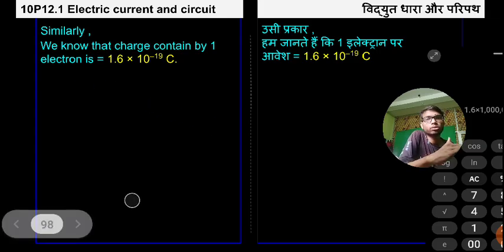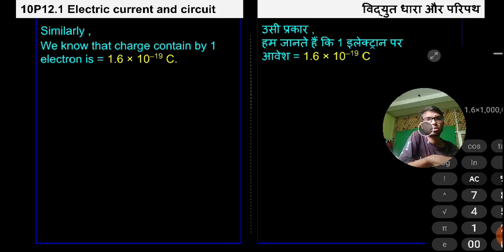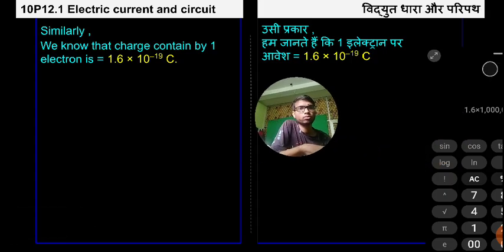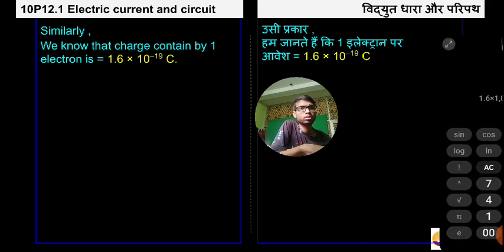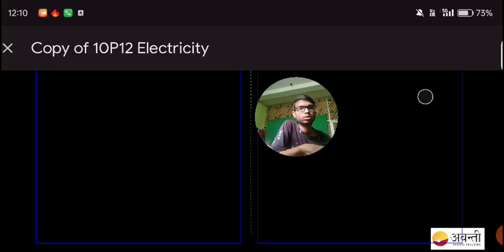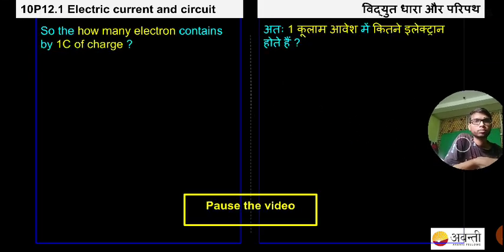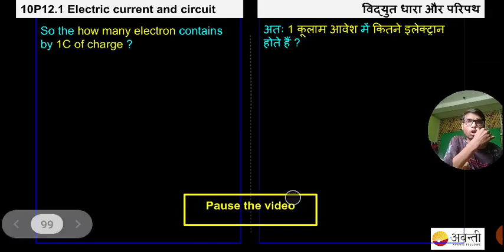Here we will use a formula. So how many electrons are contained by 1 coulomb of charge?